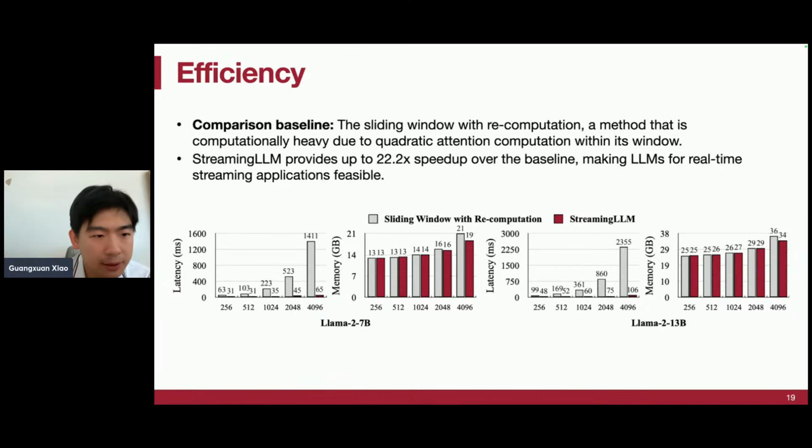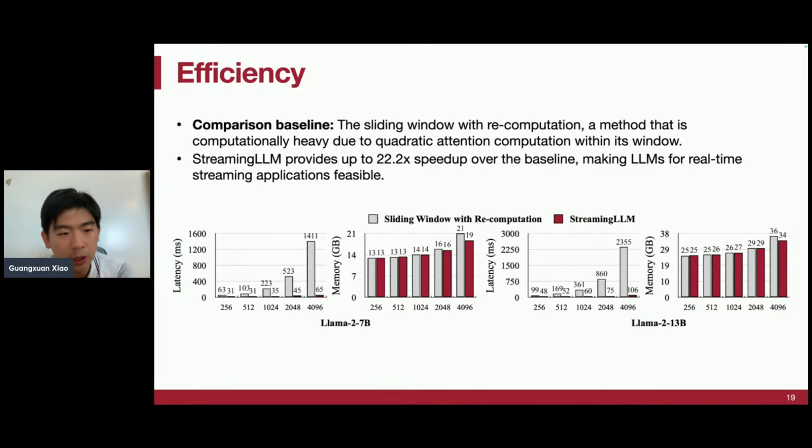And here are the efficiency results. The only feasible baseline is the sliding window with recomputation, which is the gray bars. StreamingLLM has similar memory usage as this baseline, because memory-wise they're the same. But as we already mentioned, sliding window with recomputation has quadratic complexity per step.